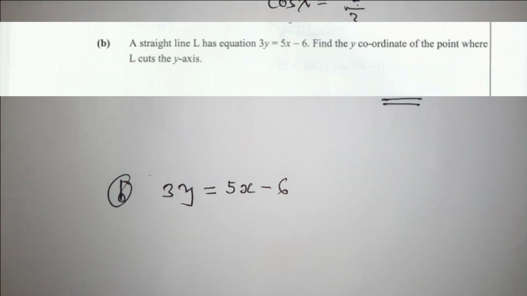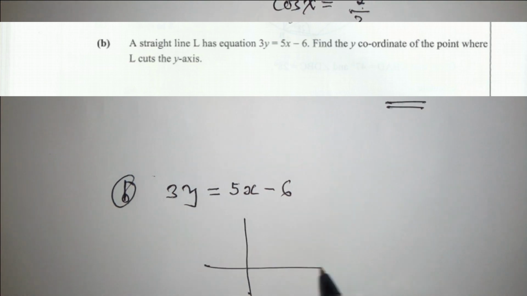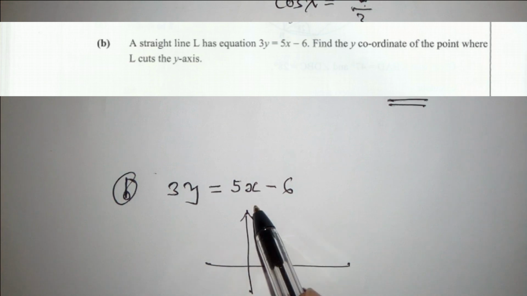So question 18b reads a straight line L has equation 3y is equal to 5x minus 6. Find the y coordinate of the point where L cuts the y-axis. So when you want to find where the line passes, for example, this is a Cartesian plane.